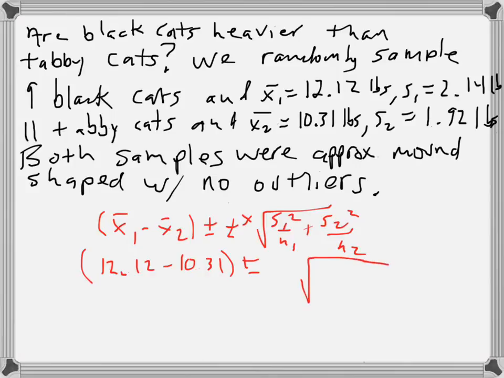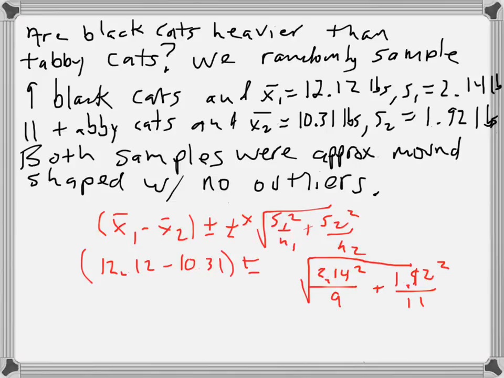I have 2.14 for s sub 1 squared over my sample size of 9 black cats, and then 1.92 over n2, which was 11, and I have to square that.